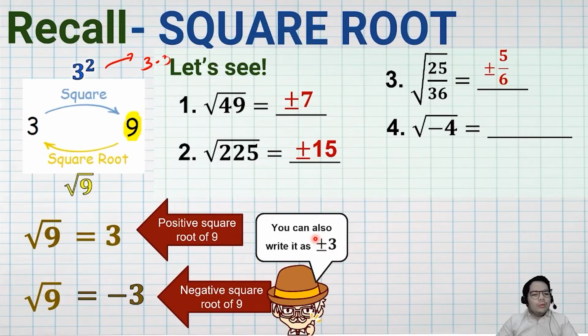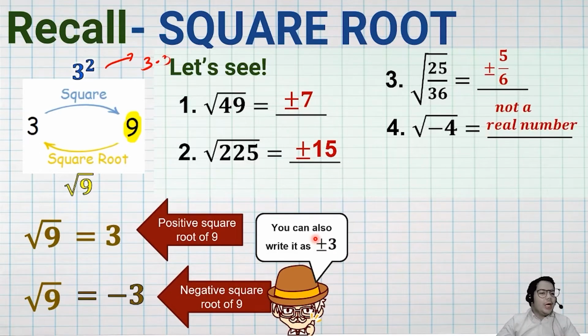Kung ang sagot mo ay 2, parang hindi ata 'to. Kung ang sagot mo ay negative 2, hindi rin kasi negative 2 eh. Parang di yata tayo makaisip ng number na 'pag minultiply ko sa sarili niya ang sagot ay negative 4.